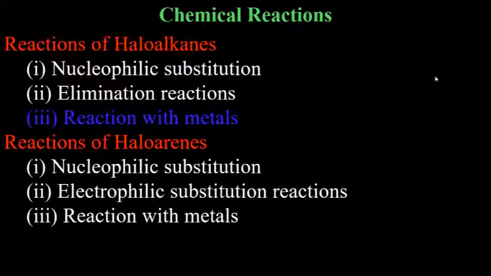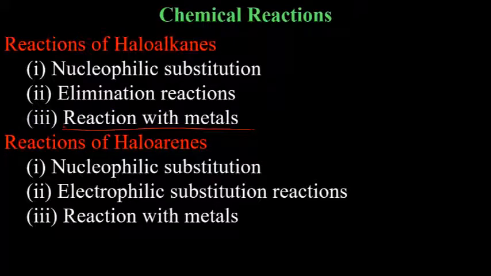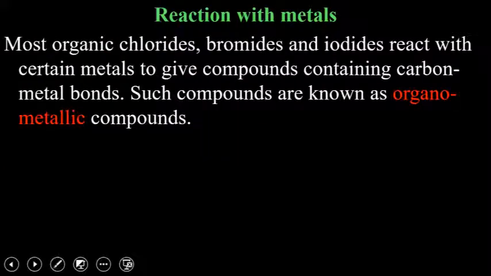One of the reactions related to reaction with metals is Wurtz reaction, reaction with sodium. If you remember, we talked about the reaction of alkyl halide with sodium. That was one of it. Yes, correct. Good.